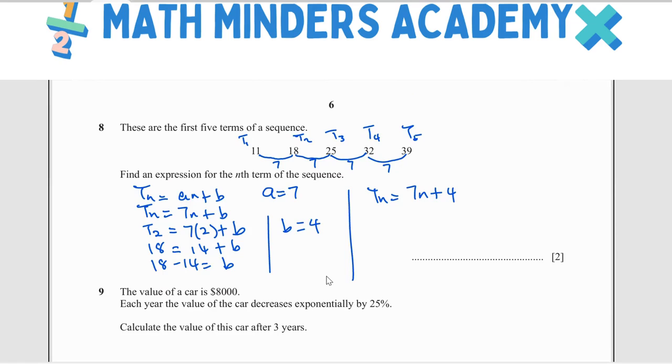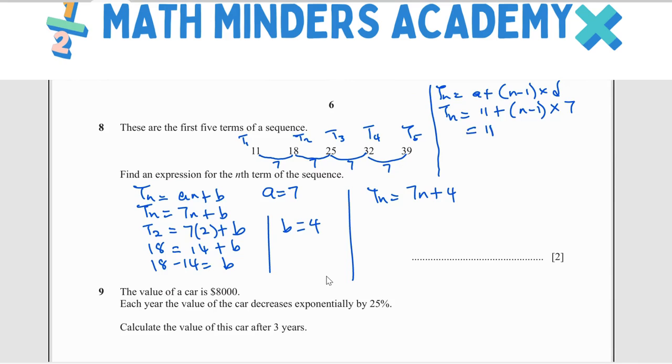Another way of getting this: we can also say the nth term is a plus (n minus 1) times d. This formula will also work for the nth term, where a is the first term here, and the first term is 11. Then here I have n minus 1, and the common difference is 7.